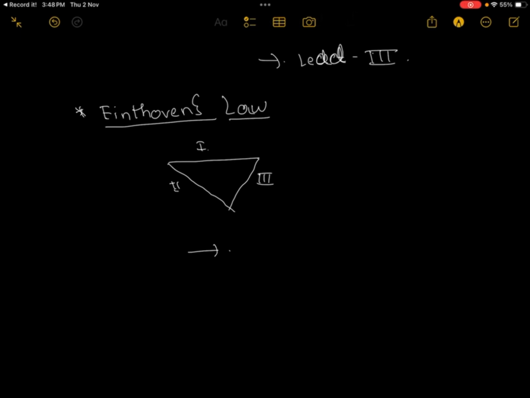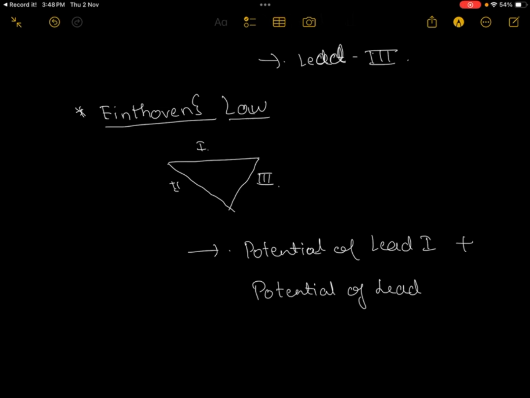If we add the potential of lead 1 and lead 3, we get the net potential of lead 2, which is recorded in the ECG. That's all you have to remember.